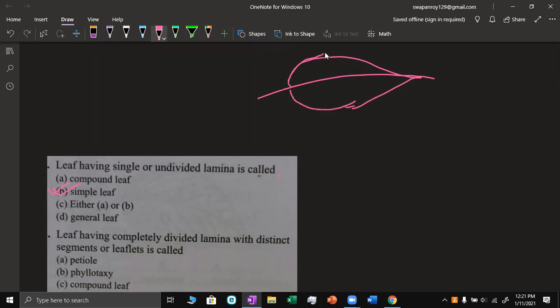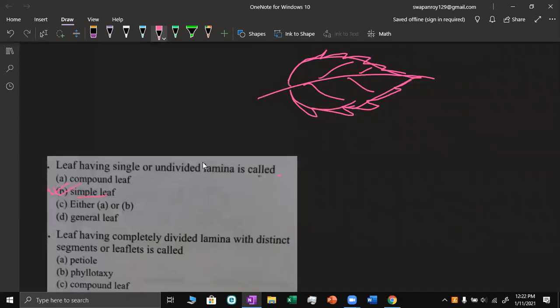China rose, of course, their margin is serrate. Okay. So this is the definition of the simple leaf.